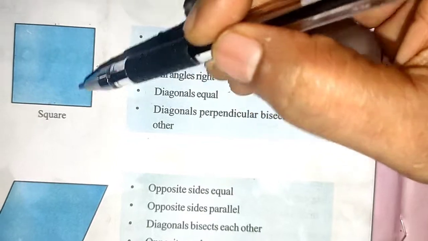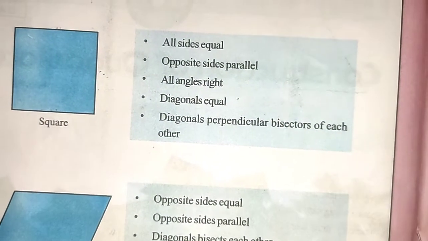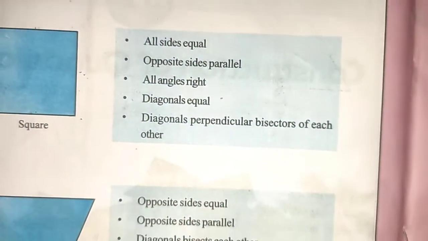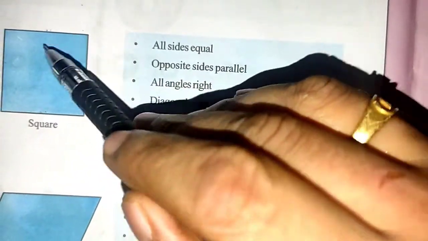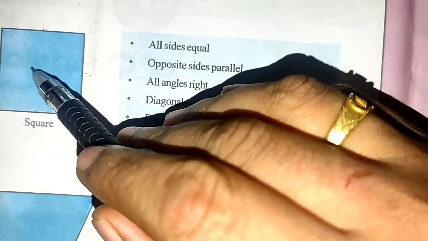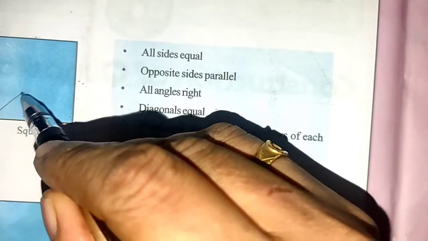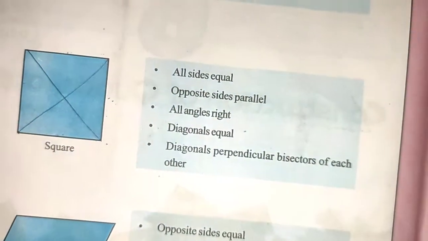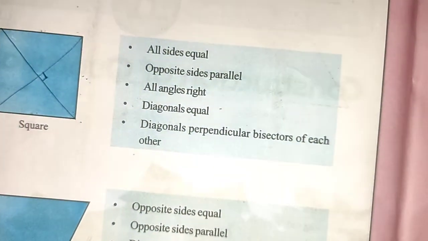And all angles are right, all angles are 90 degree. Then diagonals are equal, and diagonals bisect each other, that is, each diagonal divides the other into two equal parts. And one more thing, if we draw two diagonals like this, the angle between the diagonals is always 90 degree.